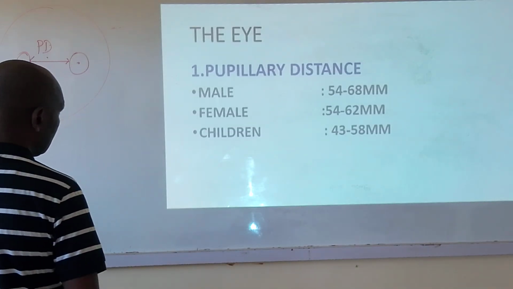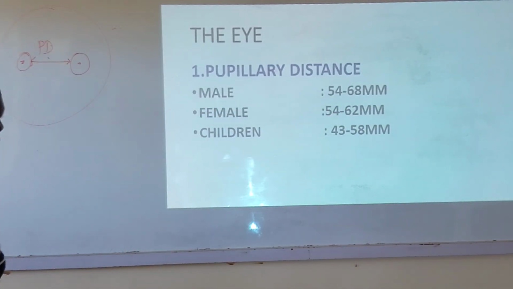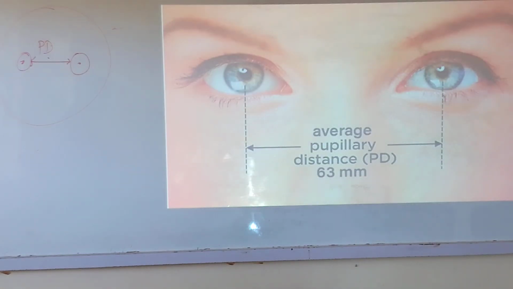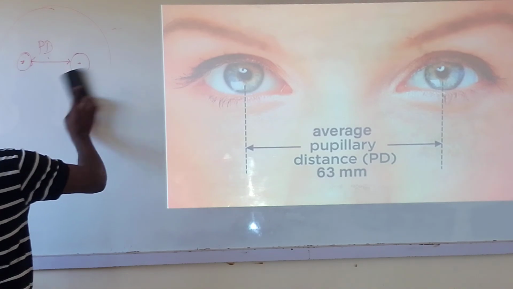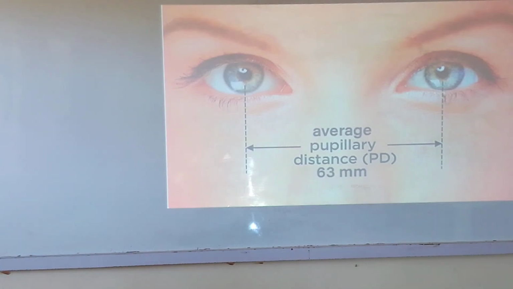The pupillary distance for female is 54 to 62 millimeters, while the pupillary distance in children is 43 to 58. So that is the distance we are just talking about. That is an illustration to indicate for you what we are talking about.